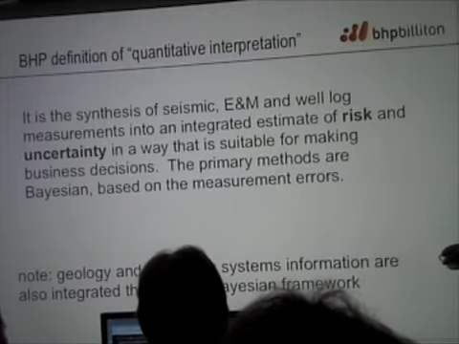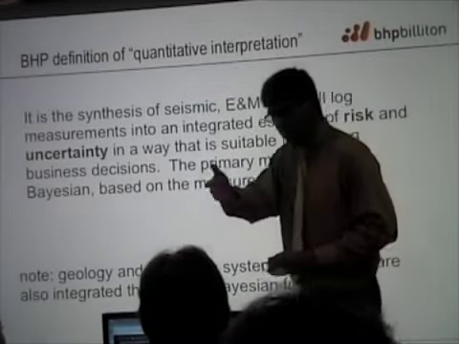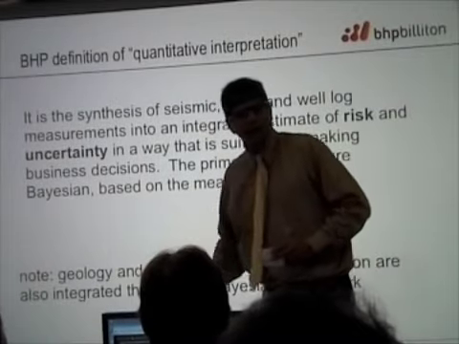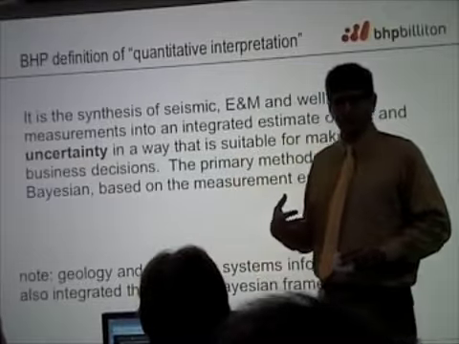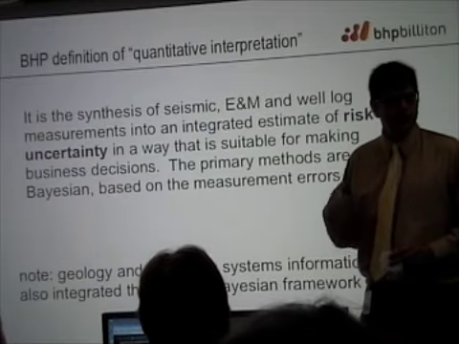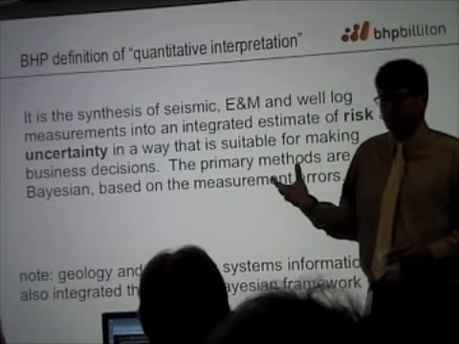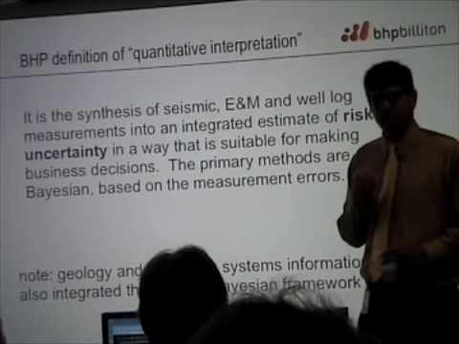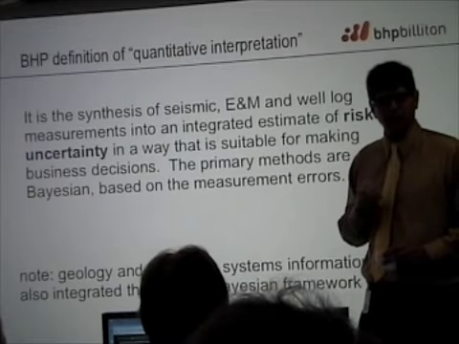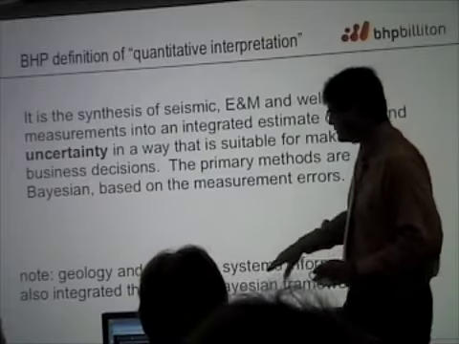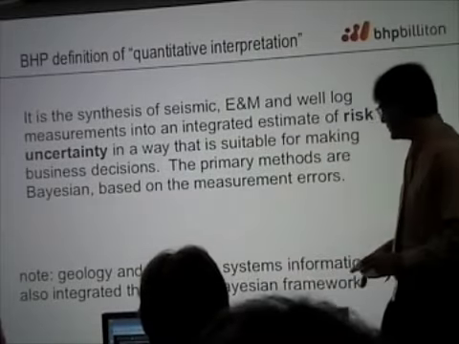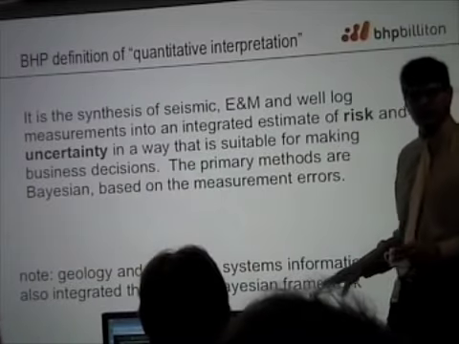Also, as a note, we aren't throwing away the geology. Even in Bayes' equation, there is a very specific place where geology enters, and they're called the prior probabilities. That's where geology and petroleum systems information is integrated in.